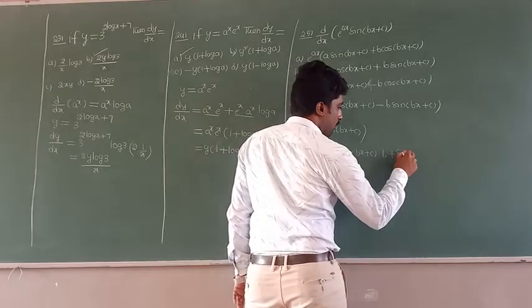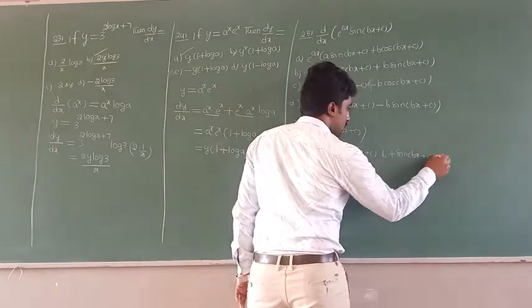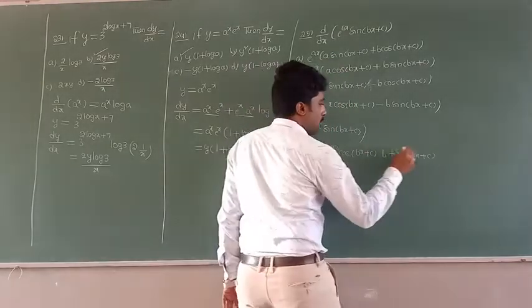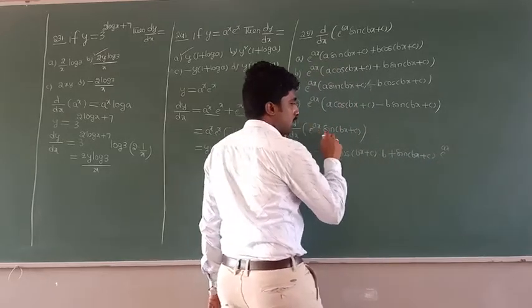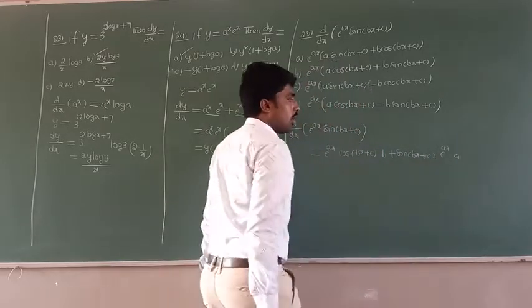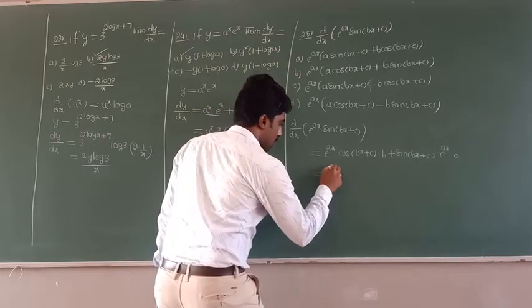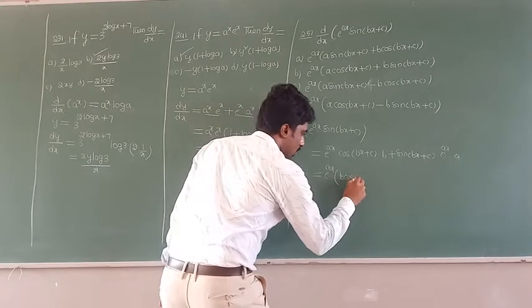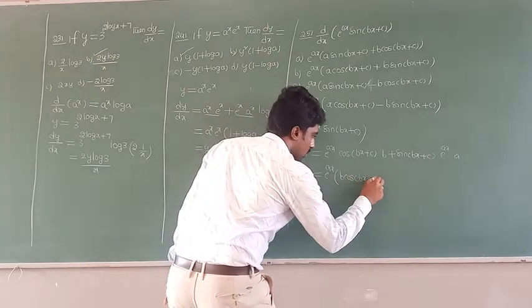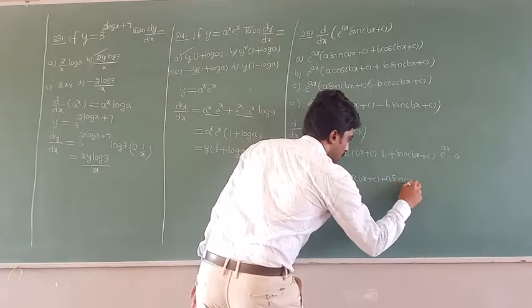Plus sine of bx plus c into the differentiation of e power ax, which is e power ax into the internal differentiation of ax, which is a. All of you understand? So from these two terms, if I take e power ax common, we get e power ax into b cos of bx plus c plus a sin of bx plus c.